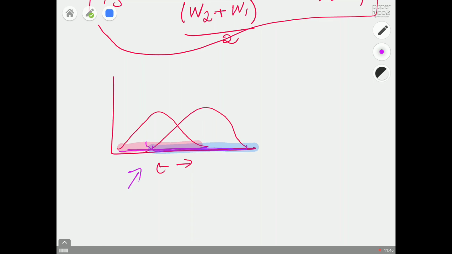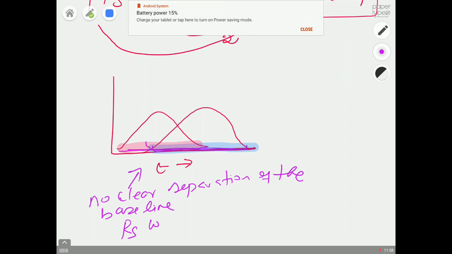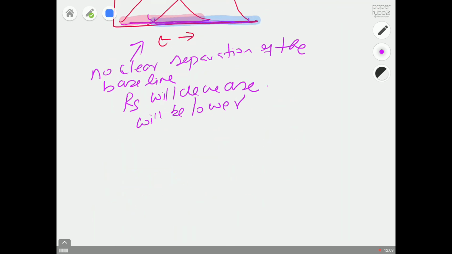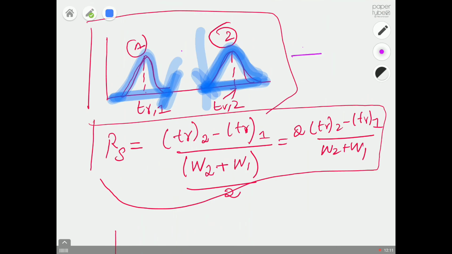So you can say there is no clear separation of the baselines. In this case your RS value will decrease, or will be low. If we go back to the previous figure, we have a clear separation of baseline, and in this case your RS value will be higher. So I hope so far everything is fine.